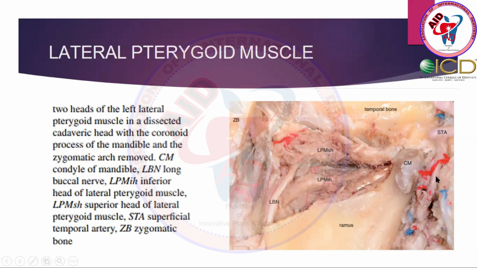This is basically the superficial temporal artery, the temporal bone, that is the condyle, the mandibular condyle, and that is the inferior head of the lateral pterygoid muscle, that is the superior head, and it gives the impression that the long buccal nerve crosses in between the superior and inferior head of the lateral pterygoid muscle.